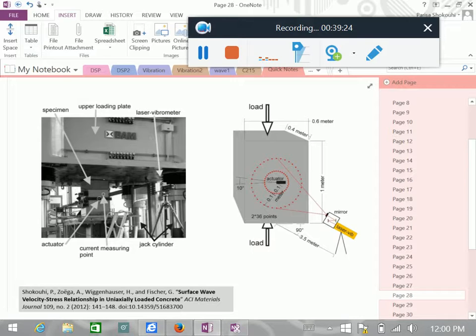The idea was to see the anisotropy that is caused by stress in concrete non-destructively, basically trying to map stress in a material without having a strain gauge, just from a velocity measurement. And this was very successful.